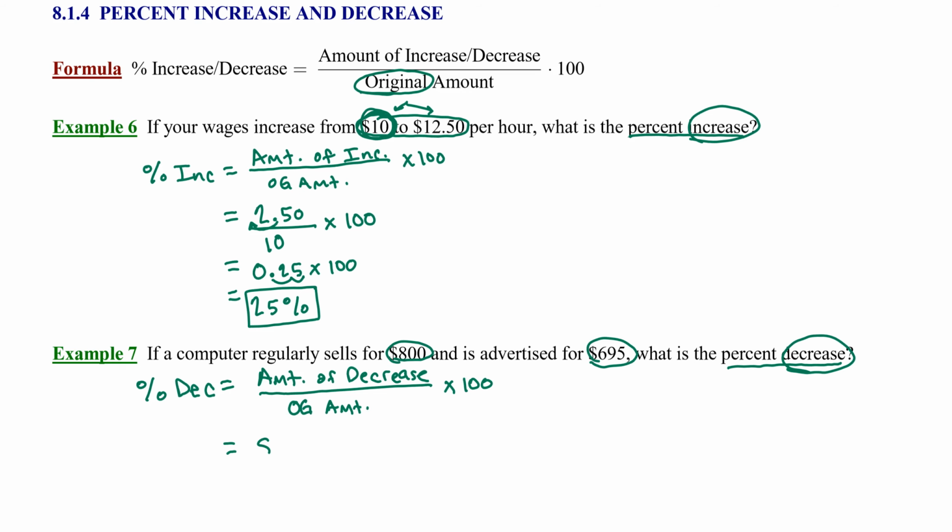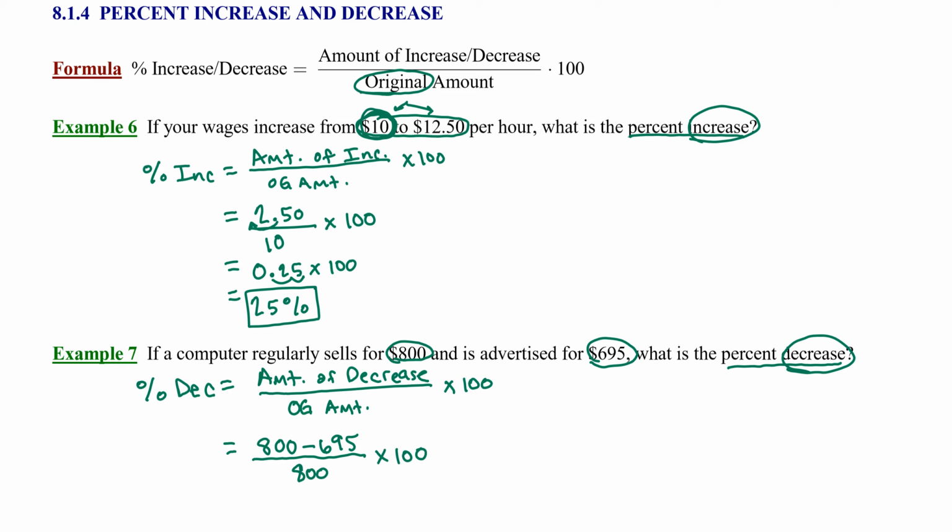So I'll write out the details. 800 minus 695, that's going to give us the amount of the decrease. Now remember, in the bottom, we're going to place the original amount. The computer was originally $800, and then we're going to multiply by 100 to convert it back to a percent.